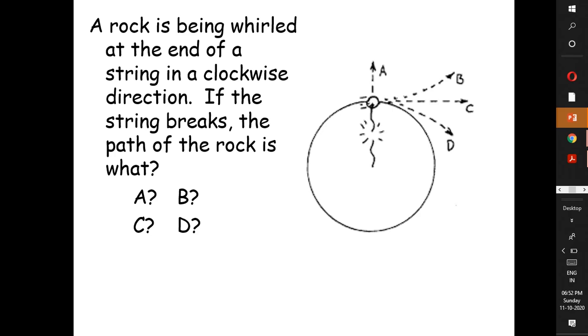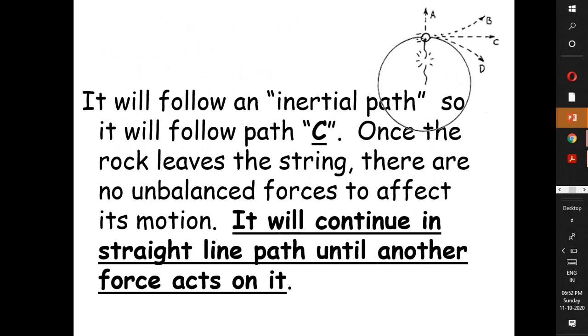If the string breaks, what is the path of the rock? In which direction will it go? If it follows an inertial path, it will be path C. Once the rock leaves the string, there is no unbalanced force to affect its motion. It will continue in a straight line path until another force acts on it.